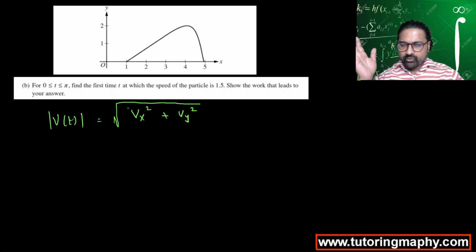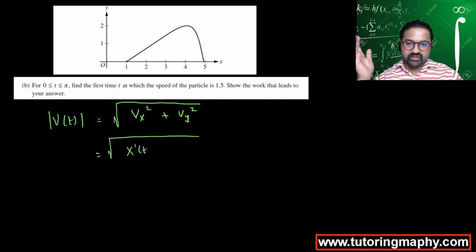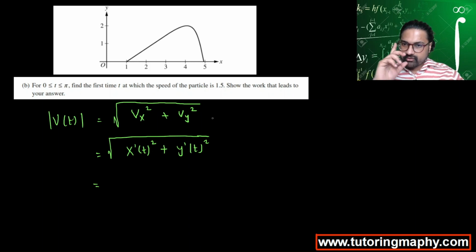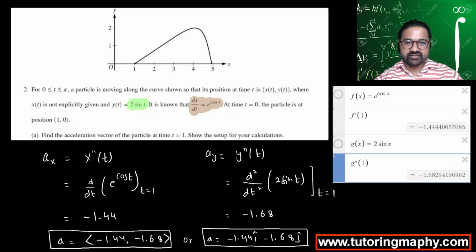What is the value of Vx? Vx is the first derivative of the position function in x. So it will be x prime t whole squared plus, likewise, y prime t whole squared. Remember that we are already given the value of x prime t, right? X prime t is right here, it's e raised to cos t.